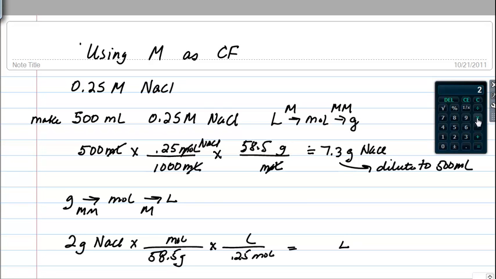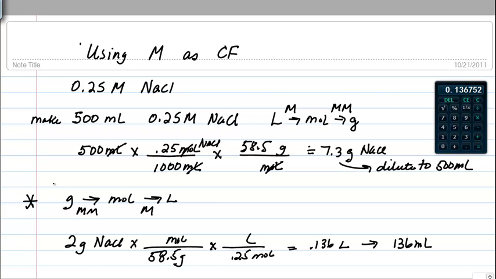I'll have 2 divided by 58.5 and then divided again by 0.25. And that would be 0.136 liters, which would be the same as 136 milliliters of my solution. And so if I poured out 136 milliliters, that would be equivalent to the 2 grams of NaCl.